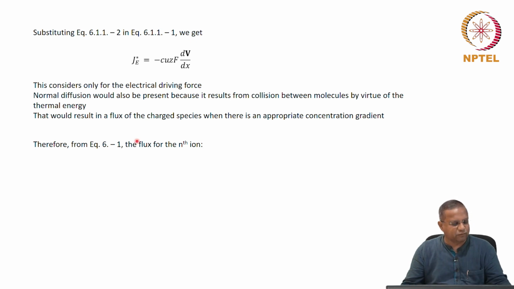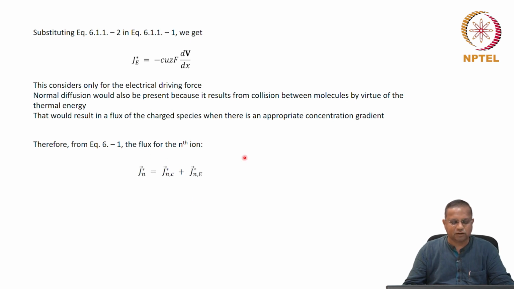So from that equation, the flux for the nth ion can be written as Jn star, the molar flux, a vector, which is nothing but the vectorial sum of Jnc star due to the concentration gradient plus Jne star due to the electrical potential gradient, or an electric field that is set.